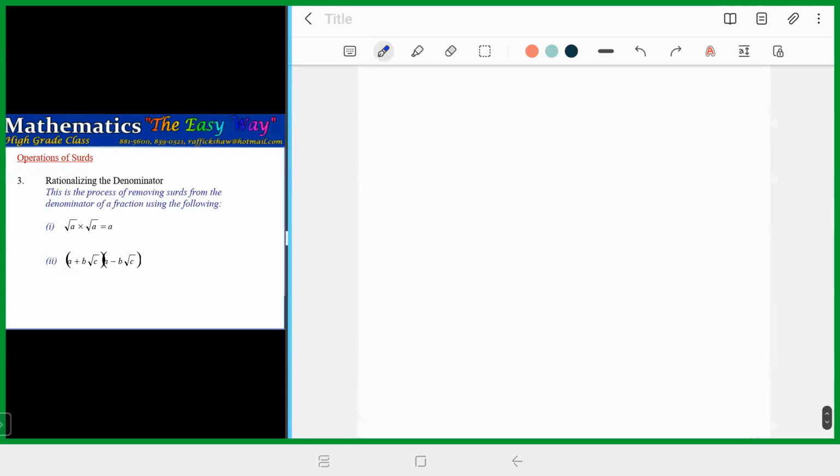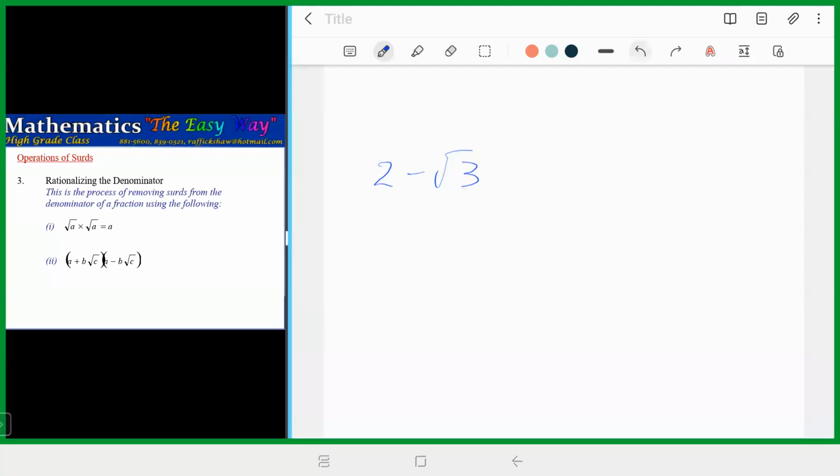Here are some simple examples to show you how you rationalize a surd. So if I have 2 minus root 3, right? If I multiply 2 minus root 3 by its conjugate, what is its conjugate? Its conjugate is when you have the same values, but the sign between them is different. It's the opposite sign.